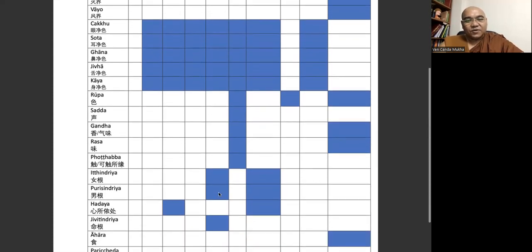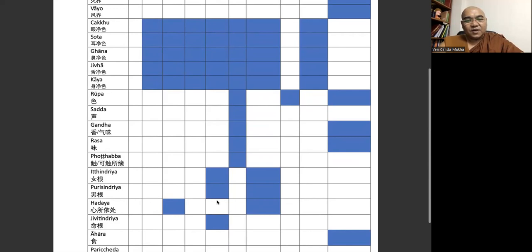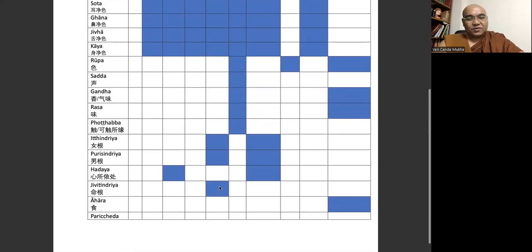And also here, the 2 gender rupas, Purisindriya and Itthindriya: femininity and masculinity also have controlling power in their respective domains. And then Jivitindriya, the life controlling faculty, also has controlling power in its domain.